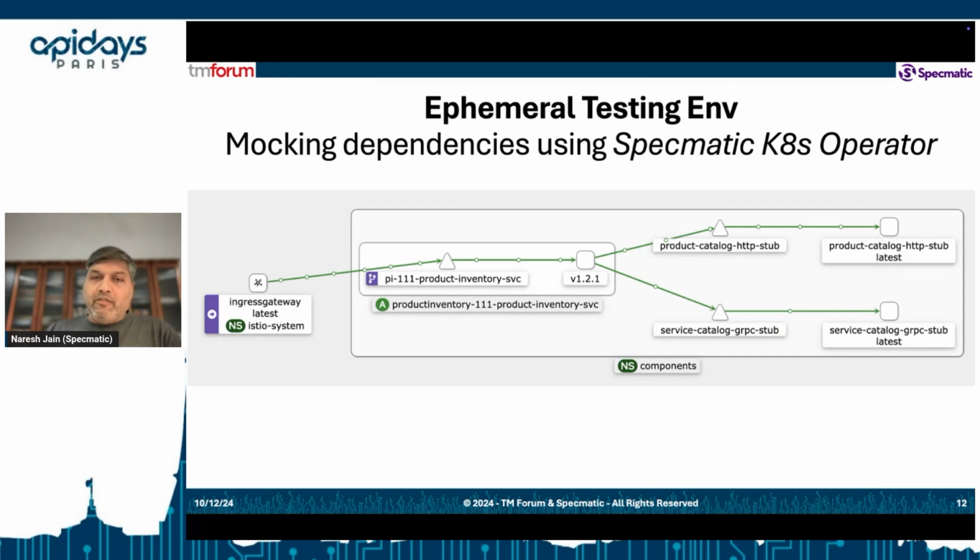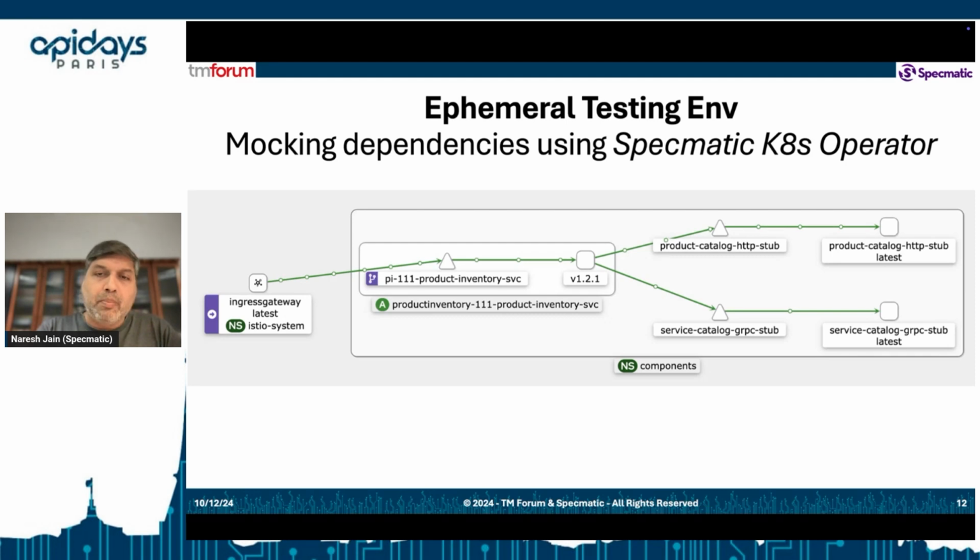So in an ephemeral environment, again, there is a Specmatic Kubernetes operator that looks at the Specmatic config file and says, okay, the product inventory is actually dependent on product catalog and service catalog, for example.